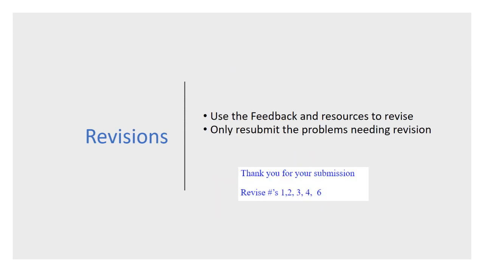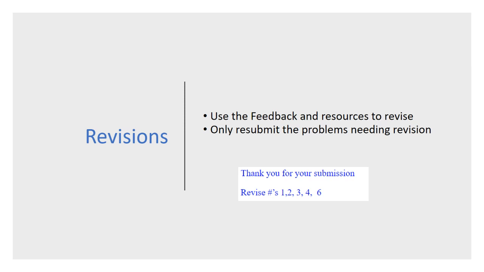And then make sure that you use my feedback and resources to revise, and only resubmit the problems that you need to revise. So if there's a 10-question assignment and you only need to revise questions 1, 2, 3, 4, and 6, don't add 5 and 7 through 10 again, because I get lost in the mix, finding the ones that I need to grade and the ones I don't need to grade.